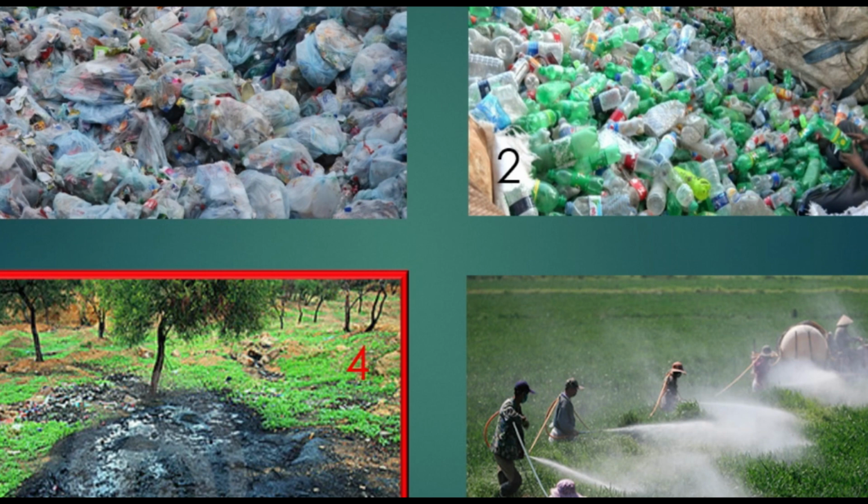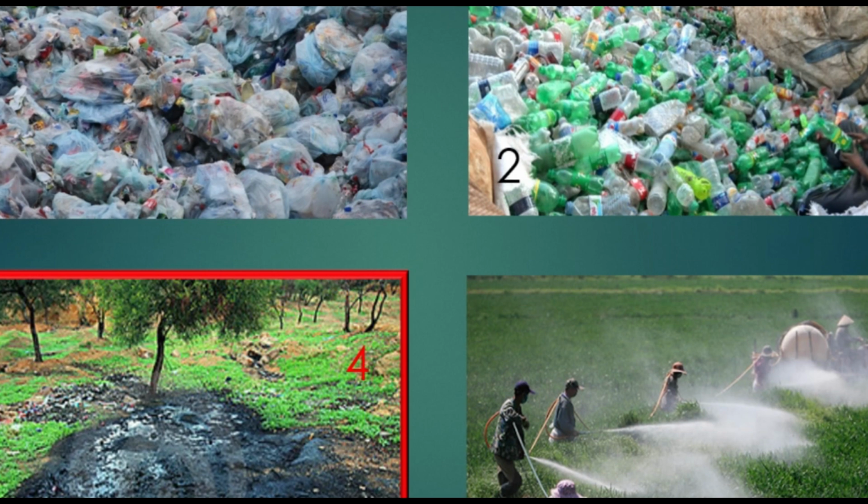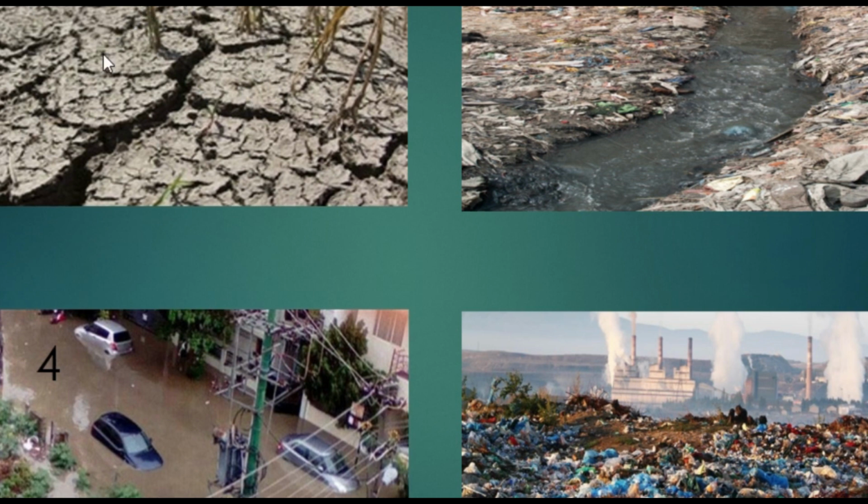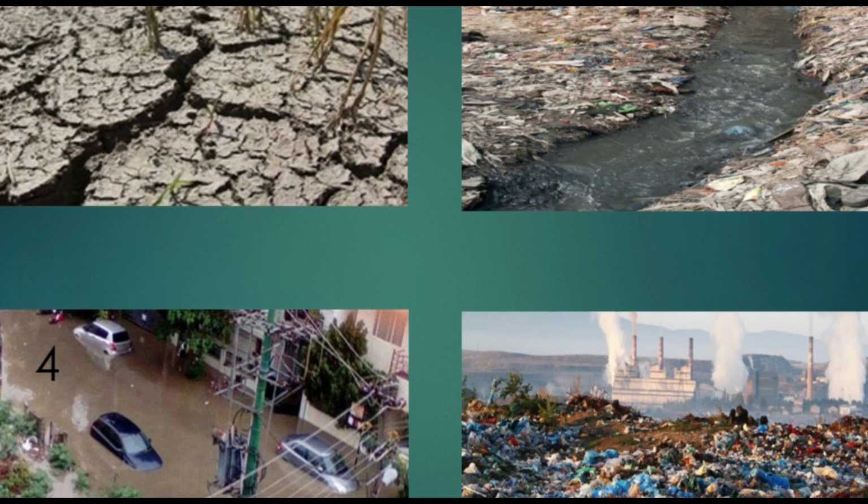Yes, we are talking about soil pollution. So what are the results of soil pollution? In this picture we see that the land is infertile and it has become totally dry, so plants in this place have died.